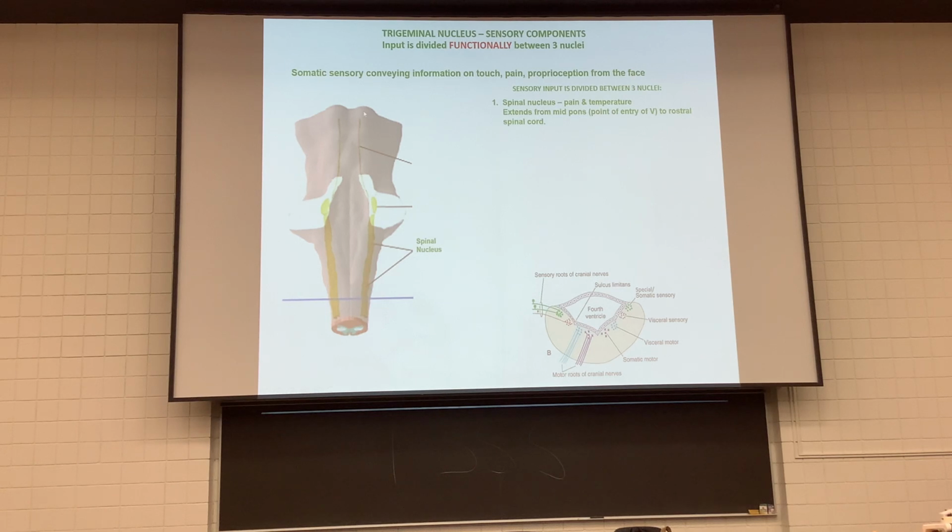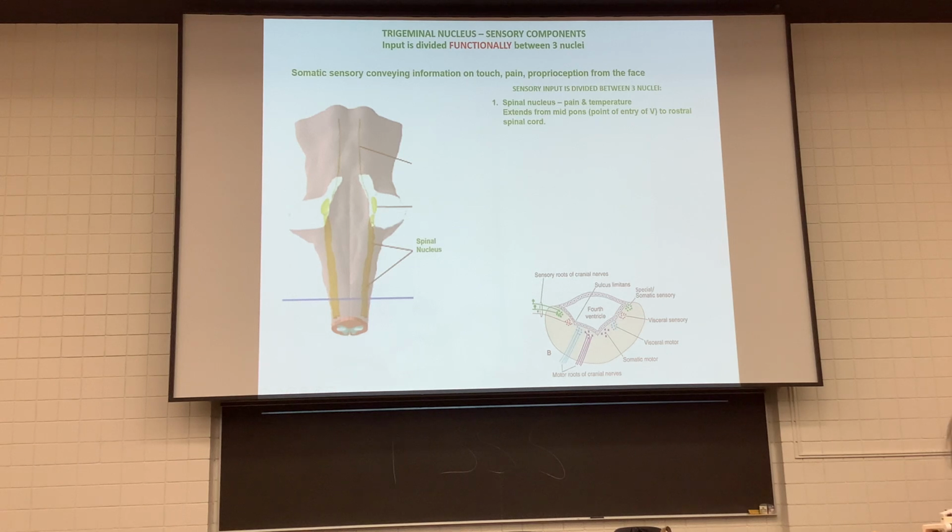And what we see on this diagram are the 3 functionally distinct nuclei that are all getting information from the face. One of them is called the spinal nucleus.